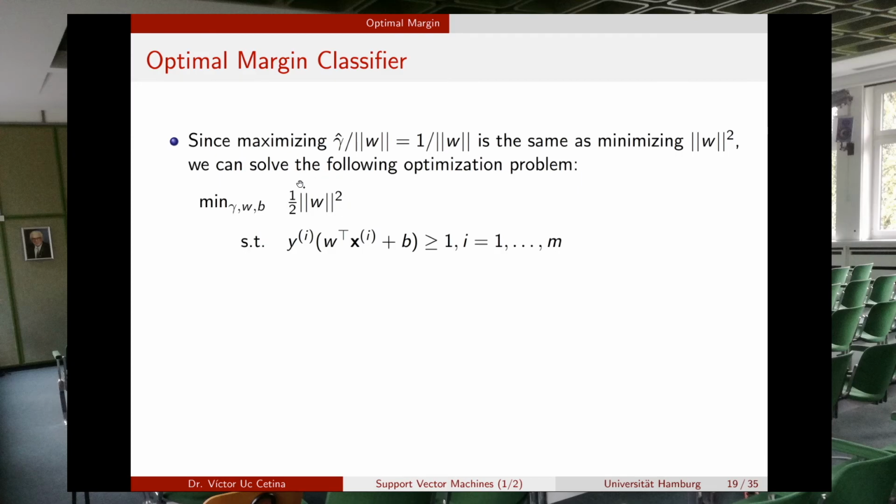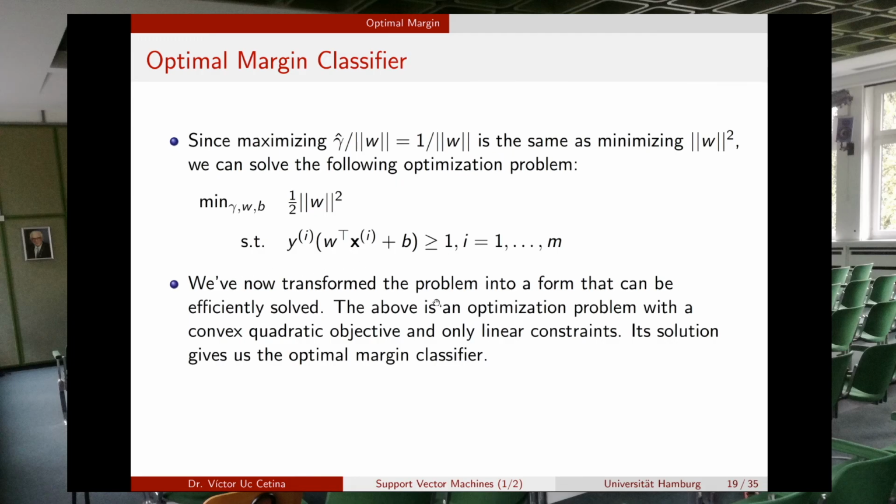So now our optimization problem is a minimization problem, where we want to minimize the square of the norm of the vector W. And since we said that this gamma circumflex is going to be 1, here we can write 1. So what we are saying here is that the minimum margin will be 1. Okay.